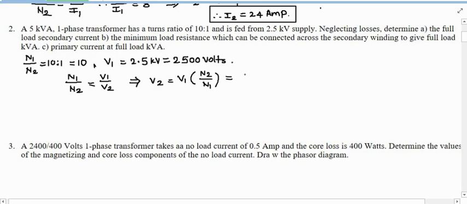So what is V1? 2500, and N2 by N1 is nothing but 1 upon your turns ratio, meaning 1 upon 10. So it equals 250 volts. Therefore, I will write down here V2 equals 250 volts.